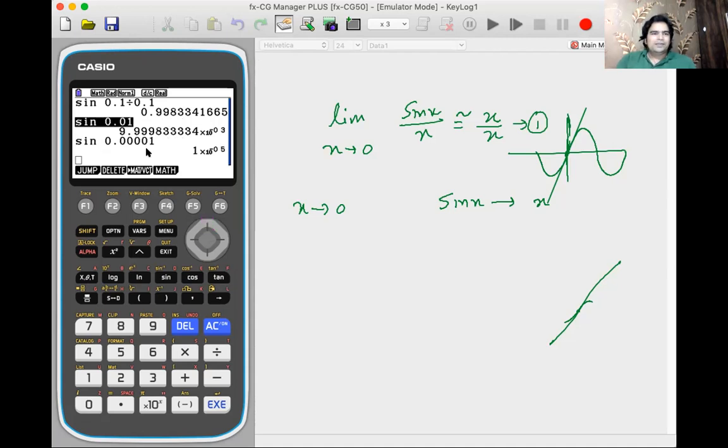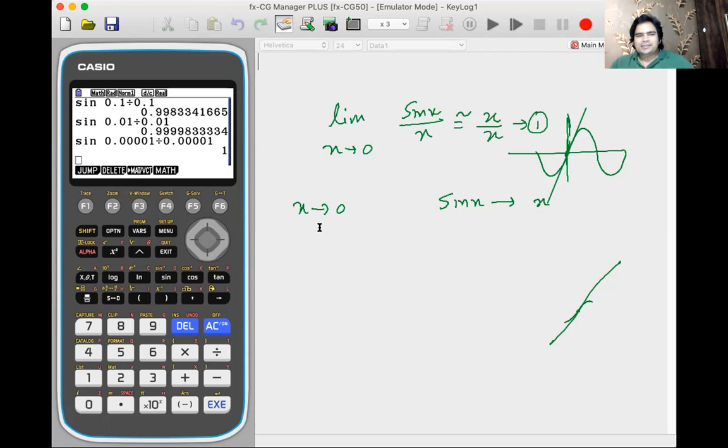Similarly, if I divide by 0.01, it'll be approximately 1, it's 0.9999. And if I divide by 0.0001, you can see the answer is exactly 1. So as x tends to very close to 0, sine x over x actually becomes 1.